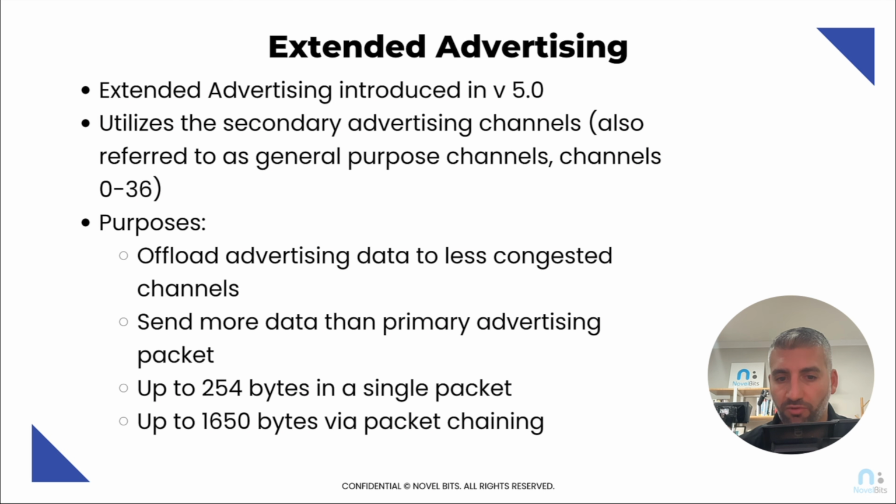As you saw before, we had a limit of 31 bytes. Now we actually have up to 254 bytes in a single packet. And we can do what's called chaining, and that allows us to send a total of 1,650 bytes. So compare that with 31 bytes and you see the huge difference in capacity that's allowed with advertising data using extended advertising.